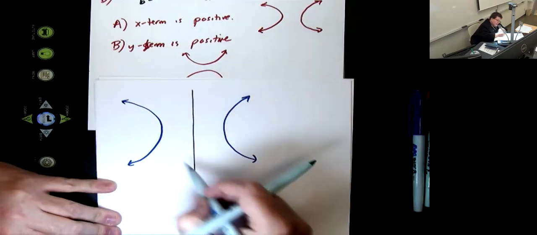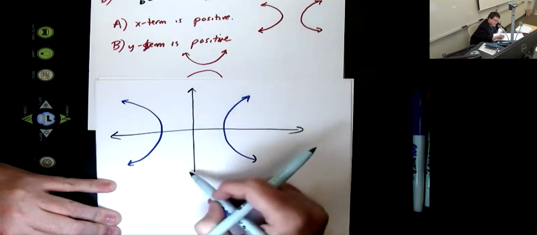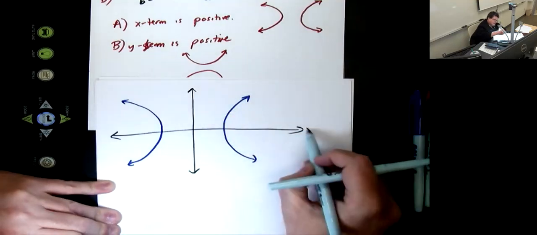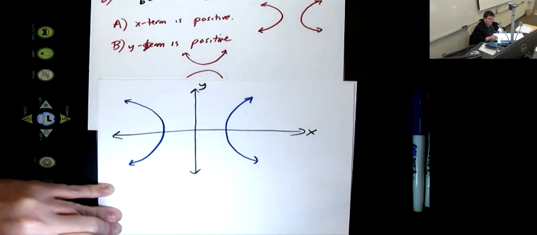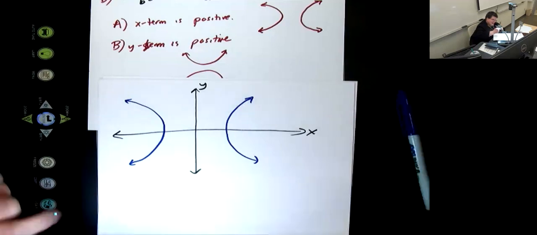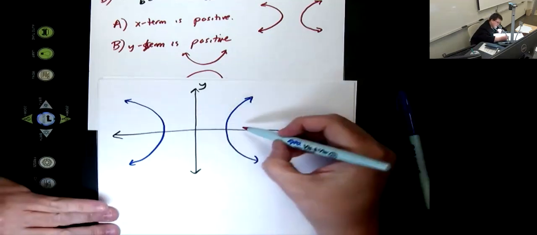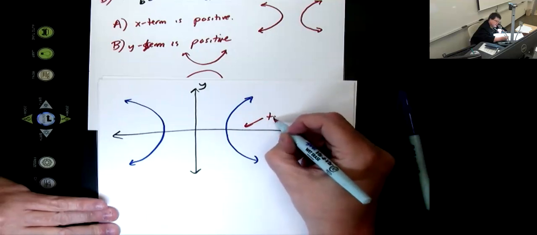So let's say it's centered at the origin, but it doesn't necessarily have to be centered at the origin. The axis that cuts them in half is called the transverse axis.